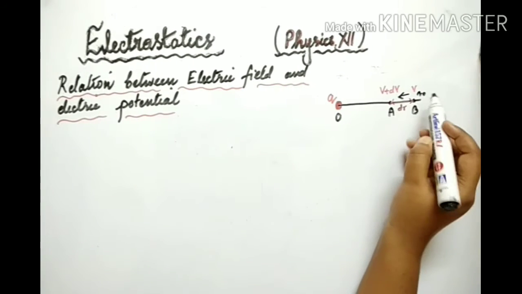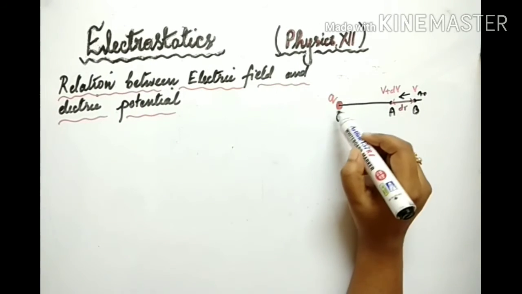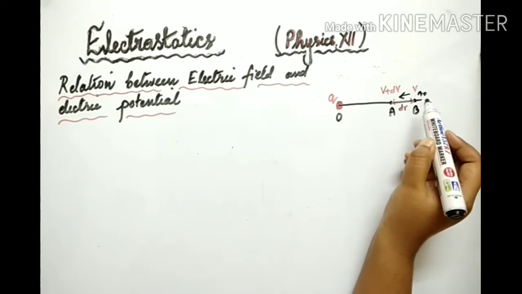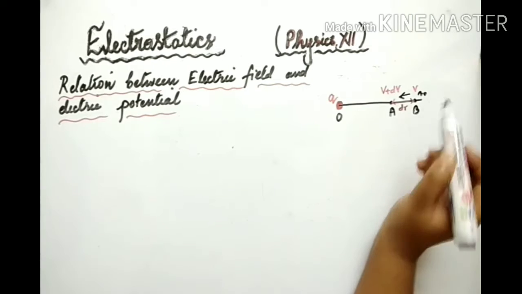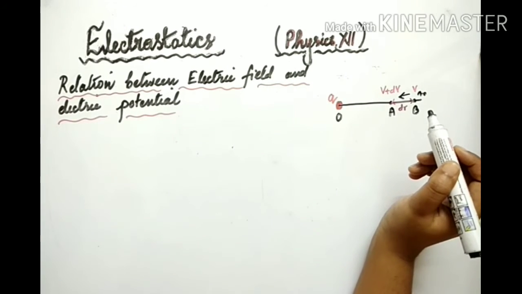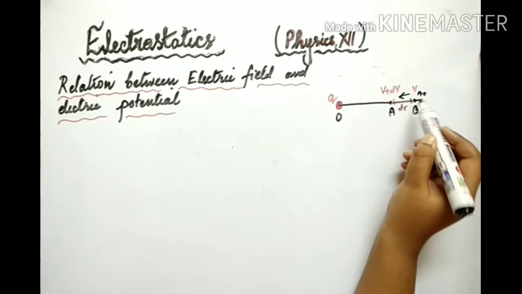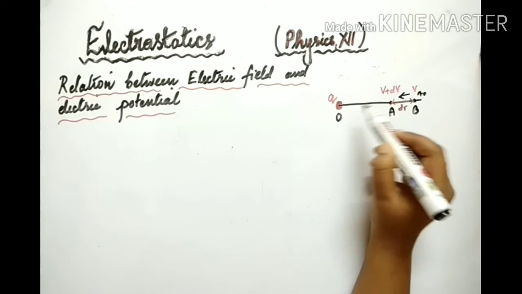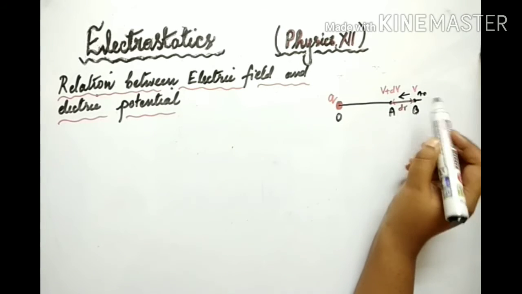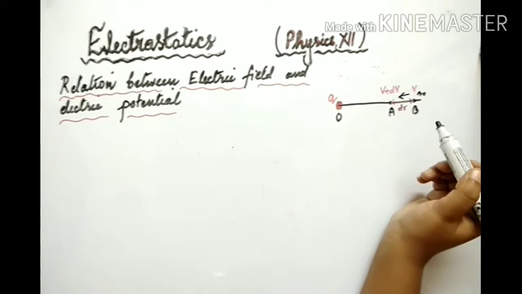Why? Because this is a positive charge and this is also a positive charge. So it will apply a force of repulsion on this test charge Q naught. So what will happen? It has to do work against the electrostatic force of repulsion in bringing the charge from point A to B.